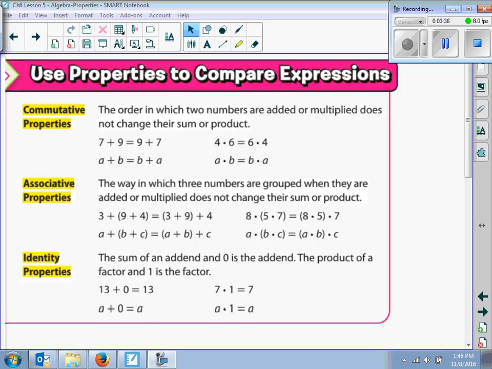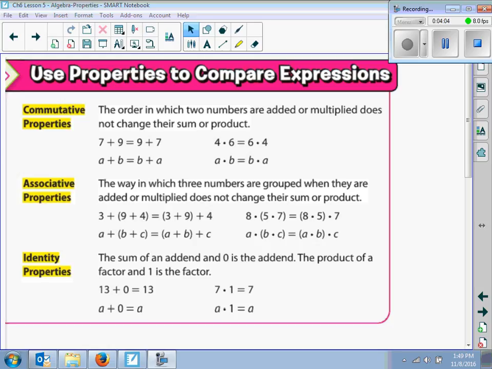Now, the associative property says that the way in which 3 numbers are grouped when they are added or multiplied does not change their sum or product. So here we have 3 plus the quantity of 9 plus 4 is equal to the quantity of 3 plus 9, plus 4. Remember, when I say the quantity of, that means that it's in parentheses, right?